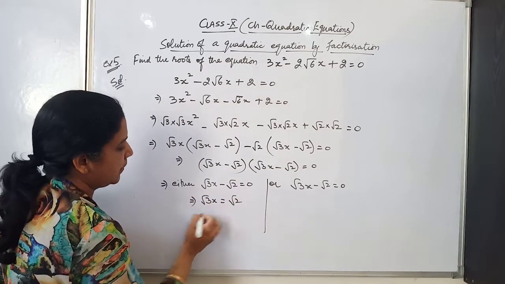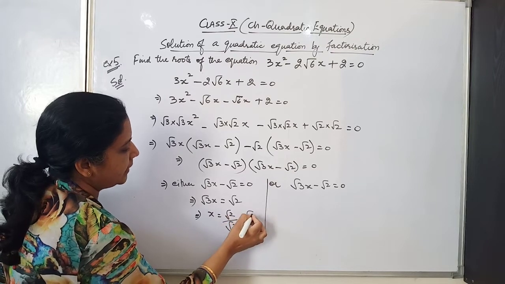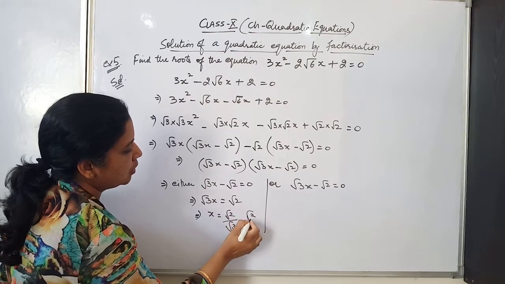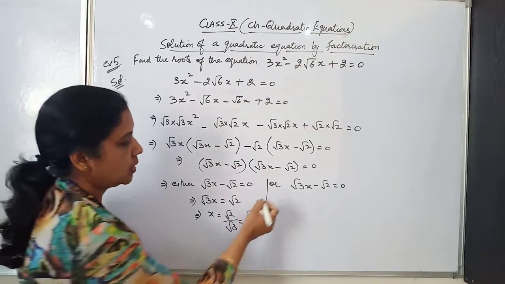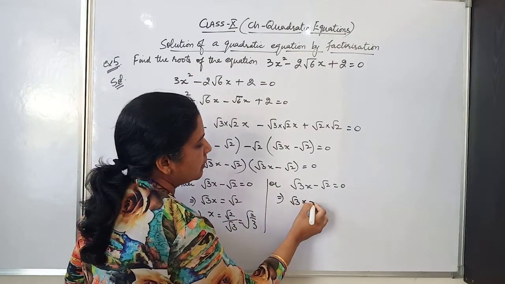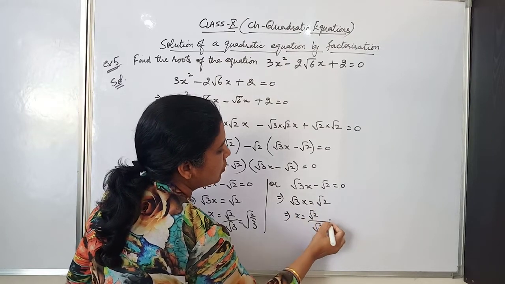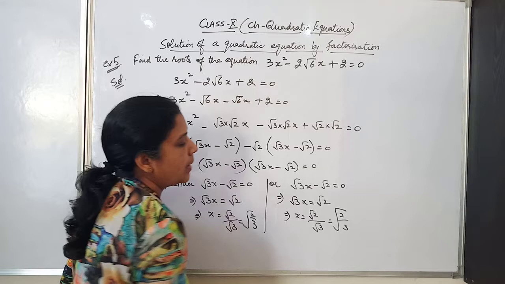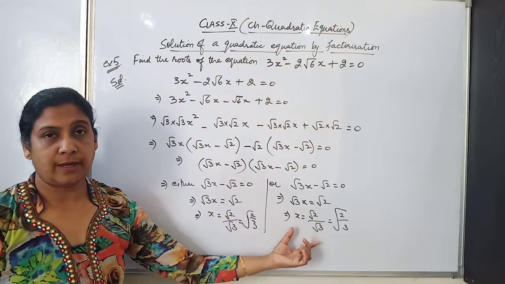This gives us the values of x, which can be written as root 2 by root 3, that is 2 by 3 whole under the root. Similarly here you can write x is equal to root 2 by root 3, that is 2 by 3 whole under the root. As you can see that we are getting the same values of x.